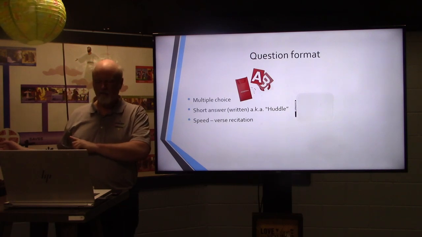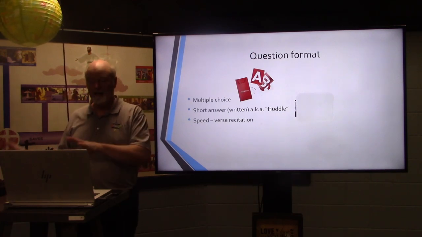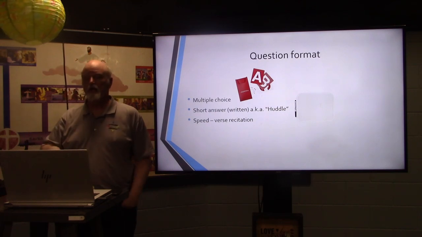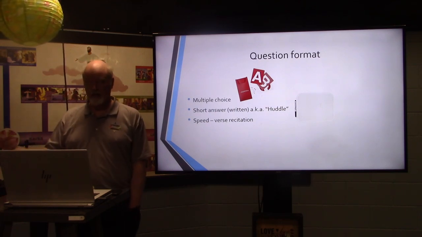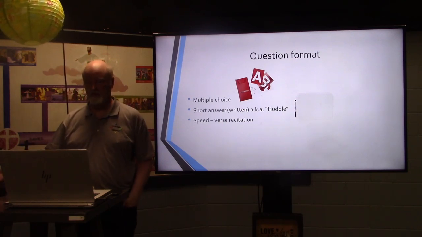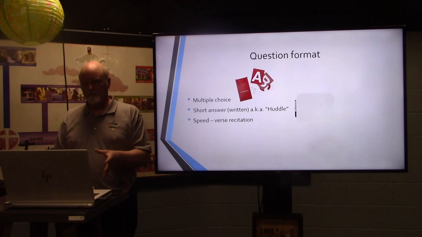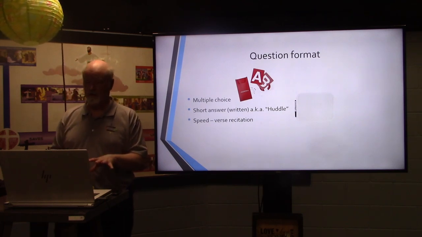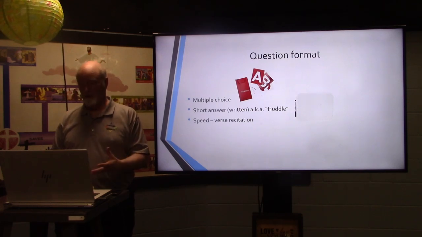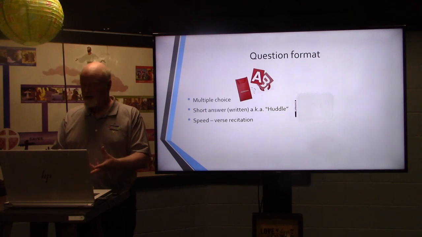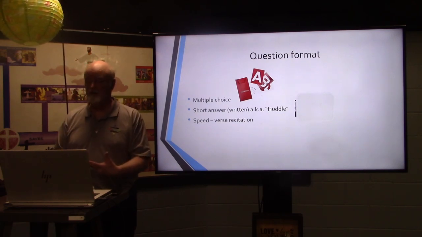We will have judges on the platform walking amongst the teams that will judge them. They'll have the right answers. We'll also say what the official right answer is, but the judges on the platform will have several different wordings that would be acceptable. Coaches, try to get your kids to write clear enough and dark enough that you can see them too.